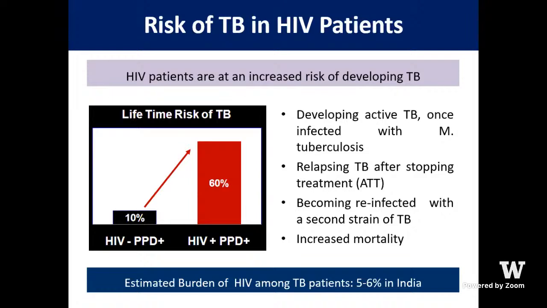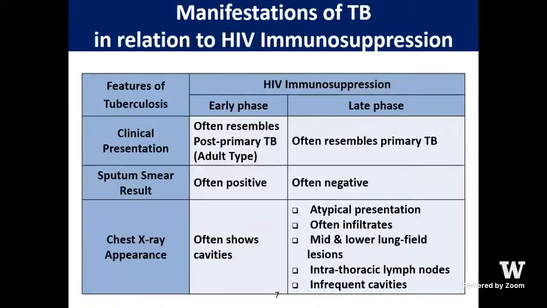Next slide. So what is happening? The manifestations of TB in relation to HIV immunosuppression. This is a slide that has been there for a long time. Nowadays, because of the advent of ART and the scaling up of the ART program, we are not getting patients in late presentation, so we get them early.